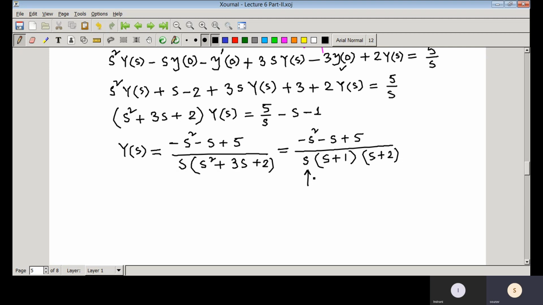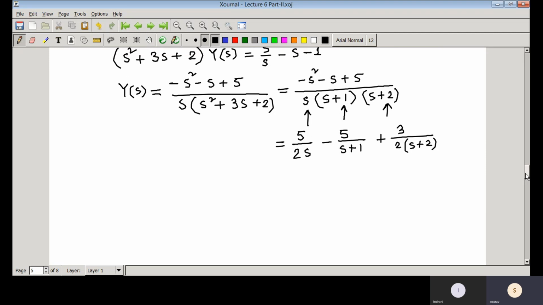Here you can see that there are 3 poles, at s = 0, s = -1, and s = -2. Writing it in partial fraction form, I am just writing it here directly: 5/(2s) - 5/(s + 1) + 3/(2(s + 2)). I ask all of you to do it on your own. You find the partial fractions, and finally you will get this form.